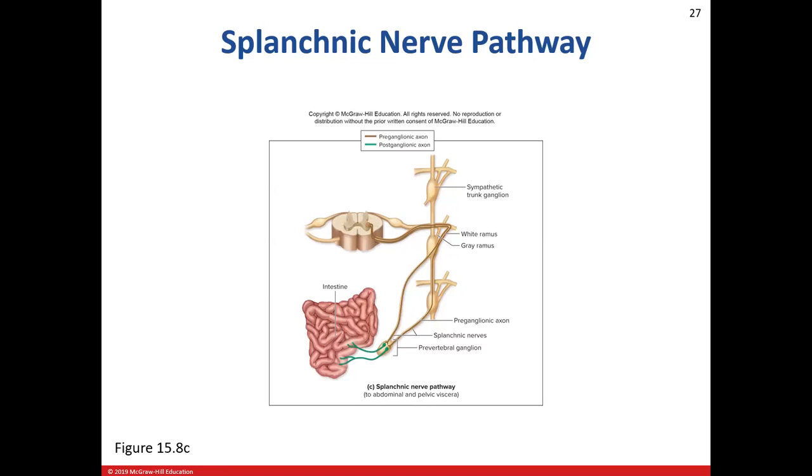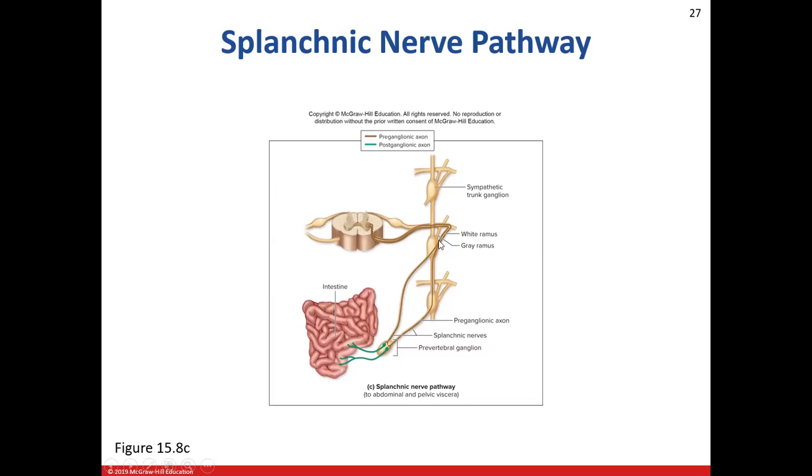Here we have our splanchnic nerve pathway, which is the third option that we talked about. Here we have our preganglionic neuron and the cell body starting in that lateral horn. It exits through the ventral root and enters the white ramus.